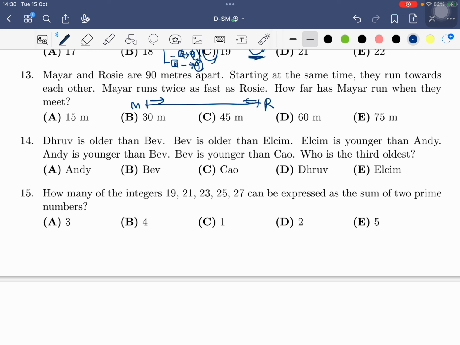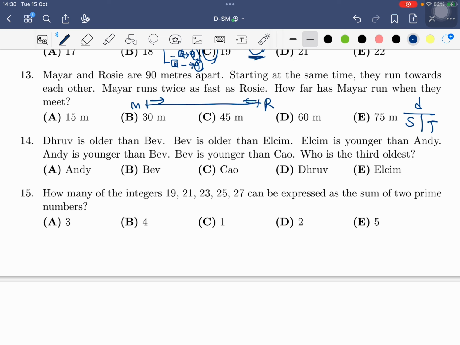If you remember the formula relating time, distance, and speed, it's going to be helpful.